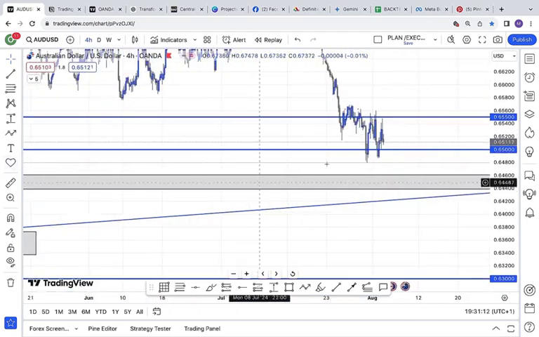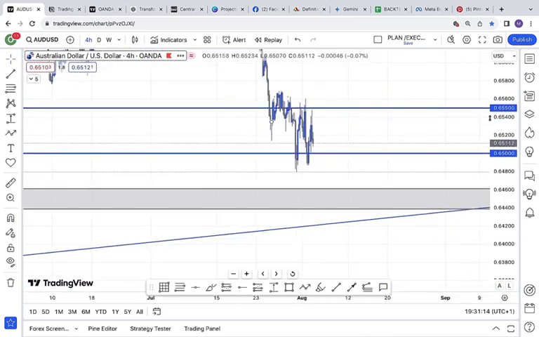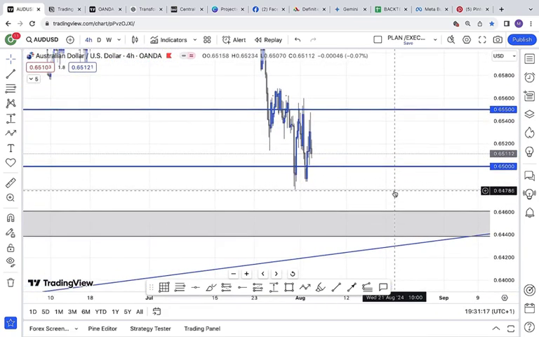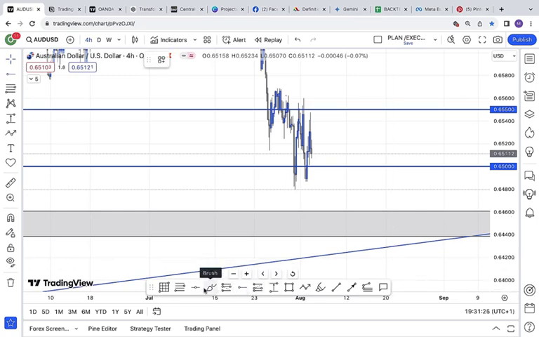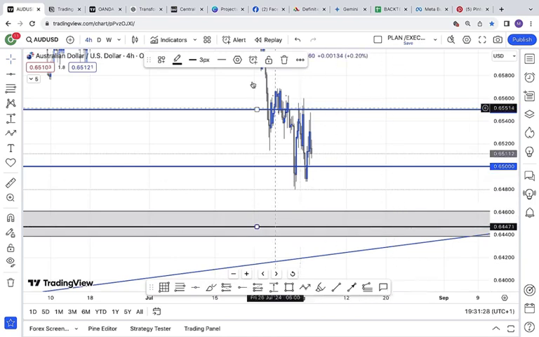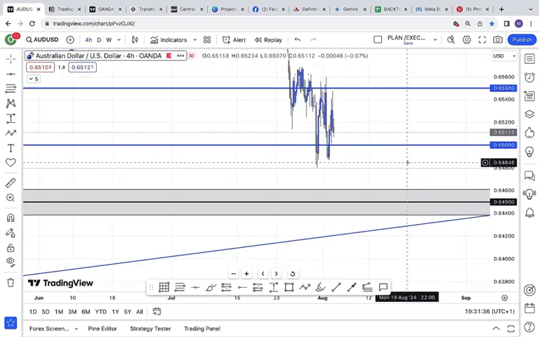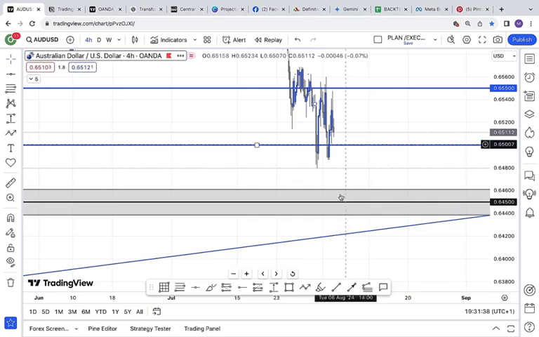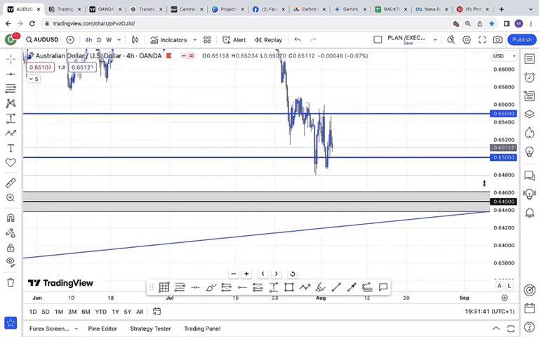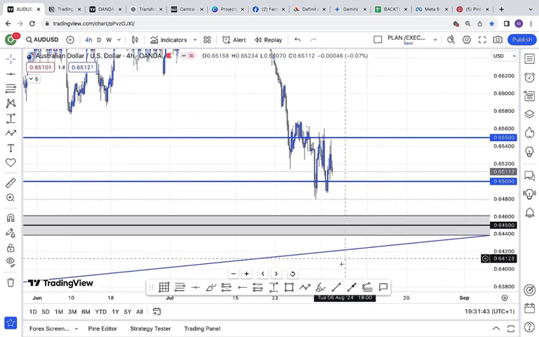I'm expecting price to come down to this zone, and this zone is going to be a key level of around 64500. Good. This is a key level, so I'm expecting price to react from this key level moving forward.